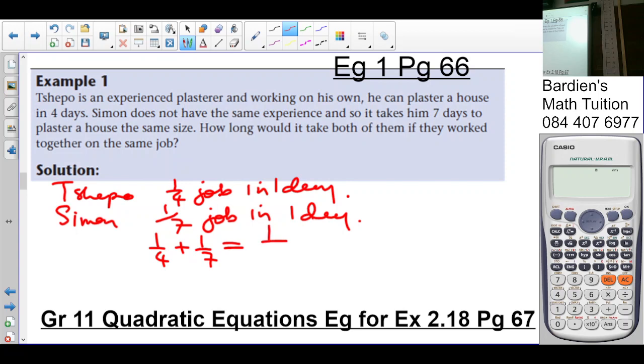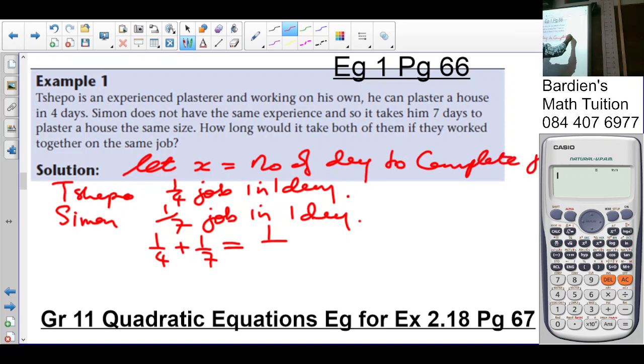So I have to first start by saying, let x equal the number of days to complete the job together. Okay, I have to first qualify where x is coming from. It's very rude if you bring your x to a conversation and nobody knows who he is. Not so? Alright.